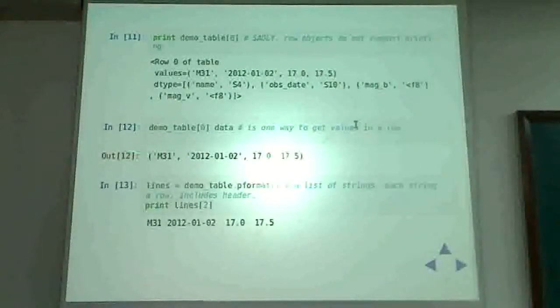That would give you a tuple of all the values sitting in that row. Or you could do something very roundabout if you wanted a pure string representation. I would ignore this if I were you, because this is hardly needed in analysis. You can always join these strings very easily and construct a string representation yourself. And maybe this problem doesn't even exist in the latest version. I haven't had a chance to check it out.